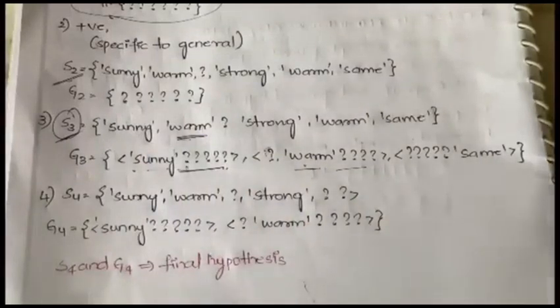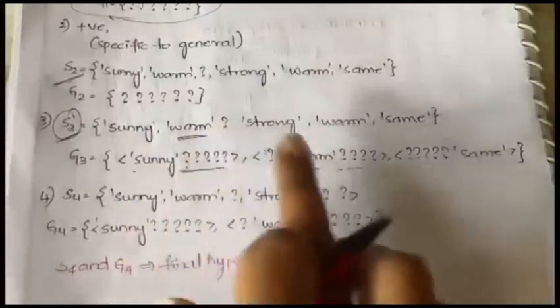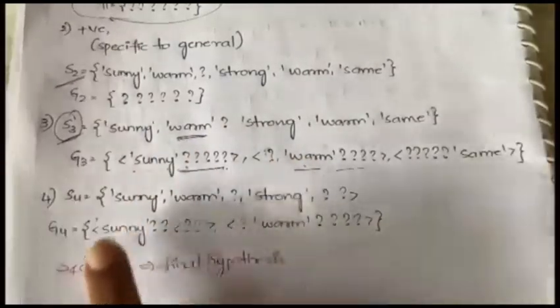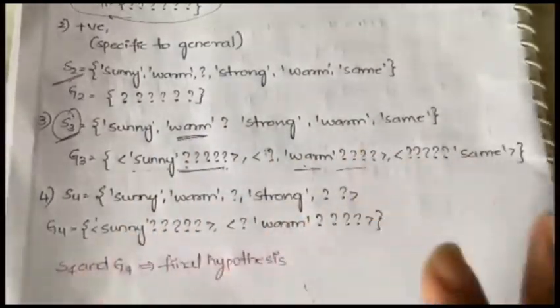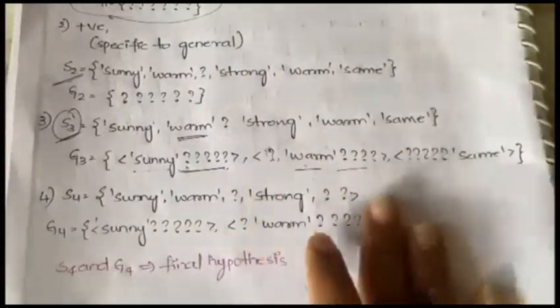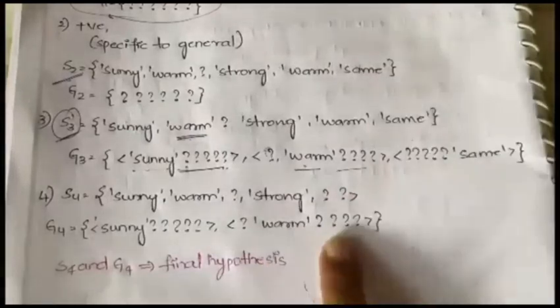Now for G4, since it is a positive example, you initially keep G3 as it is. But if any hypothesis in G3 is inconsistent with the new specific hypothesis S4, you remove it.